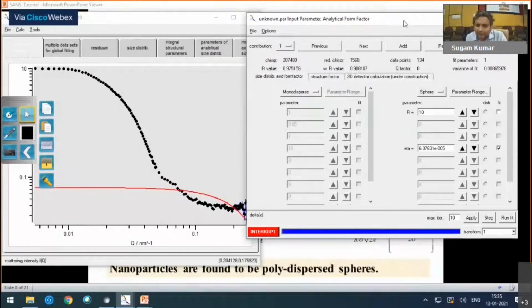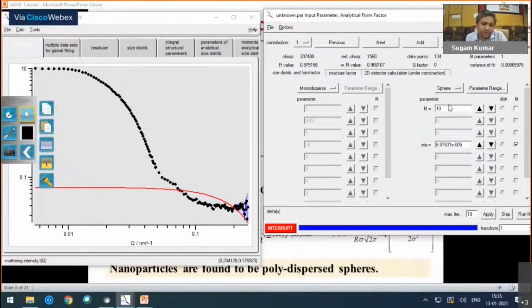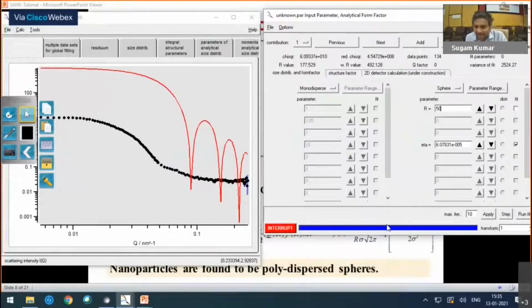Right. So what I see that 10 angstrom particle is having quite a large width and very small intensity. But here our width is much narrower. Narrow width means particle actually is of larger size. So what I will do, I will just put 50. Apply. Interestingly, there are some oscillations appearing.